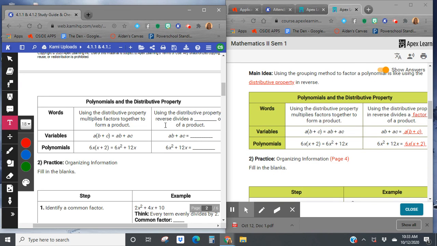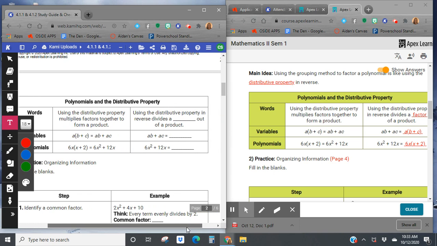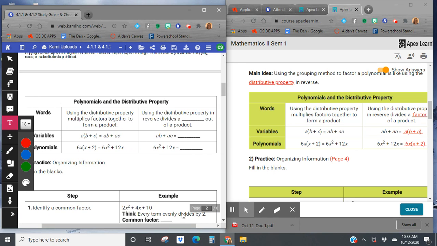Using the distributive property in reverse divides a factor out of a product. So here's my variables. This A is multiplying times B times C. And then here, we're going to go in reverse. We're going to take out the A, leaving us with B plus C.